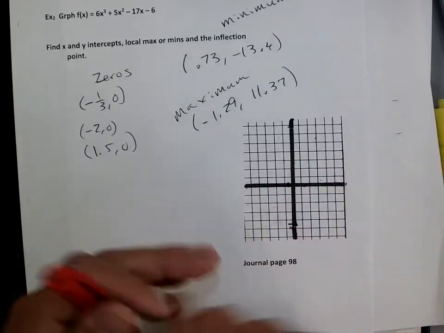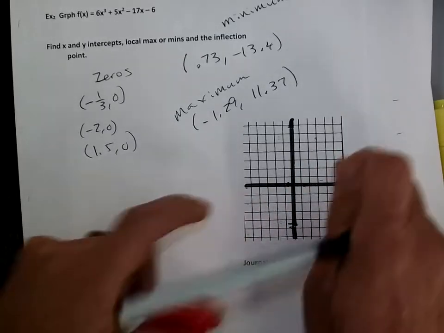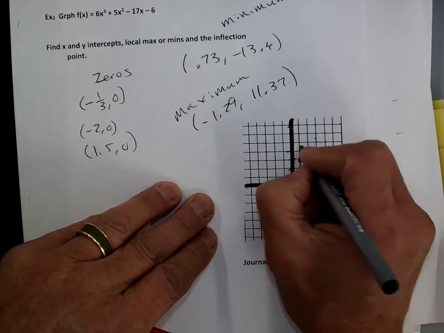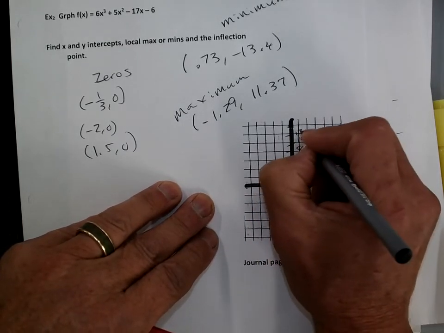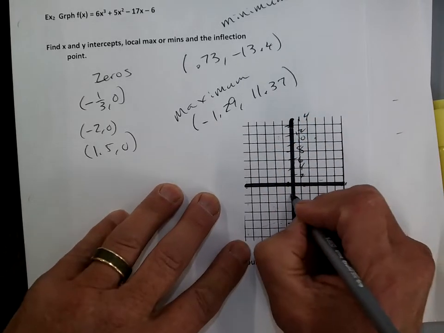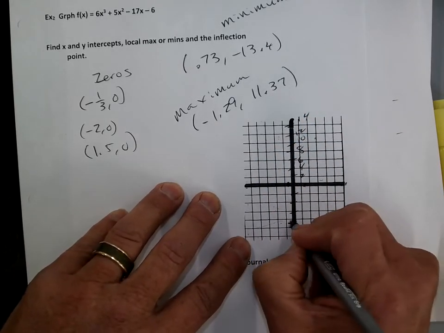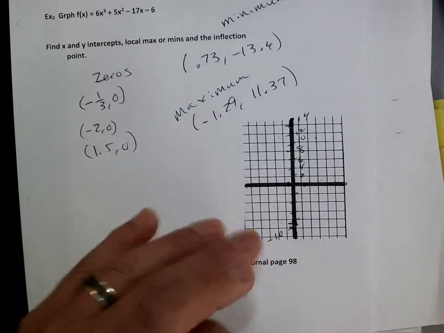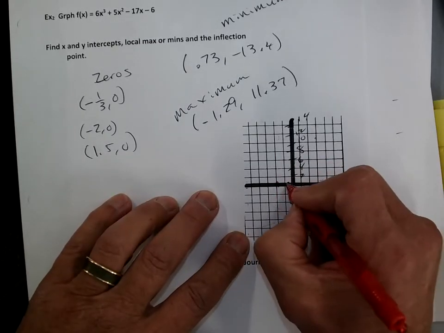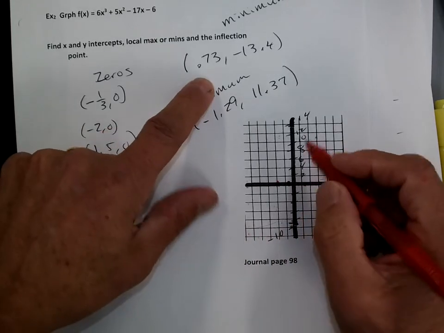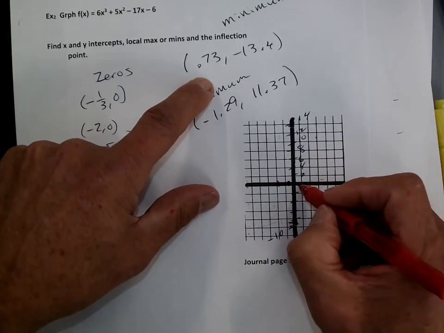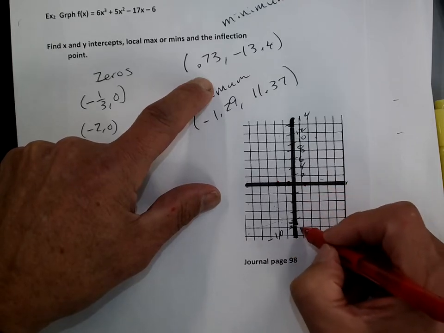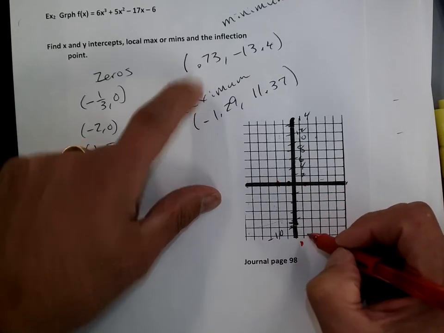I might have to go by 2's on my y-axis to make them fit. 2, 4, 6, 8, 10, 12, 14, negative 2, negative 4, negative 6, negative 8, negative 10. So let's graph these. I've got 0, 0, 0. I've got my minimum at 0.73 and negative 13. So I'm going to go 2, 4, 6, 8, 10, 12, 13 is about there.